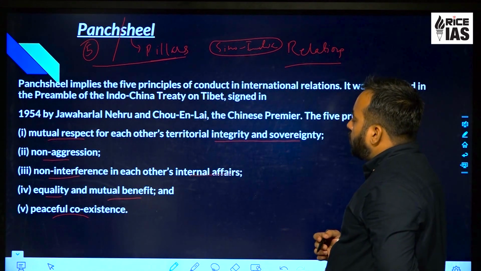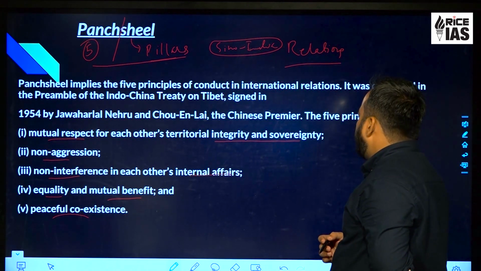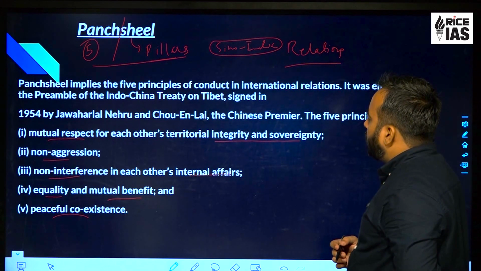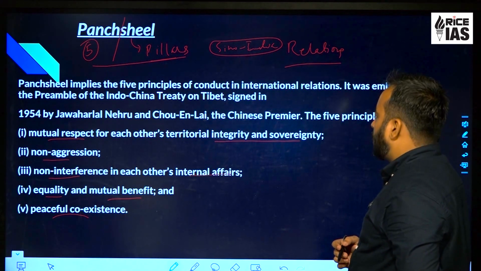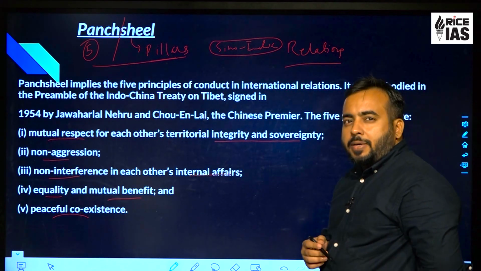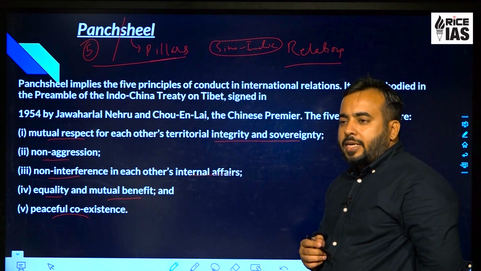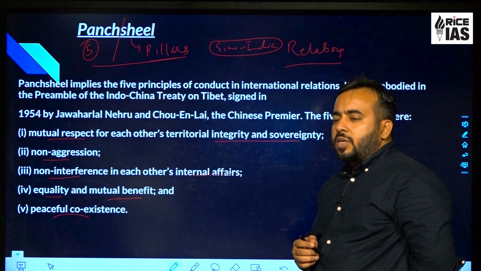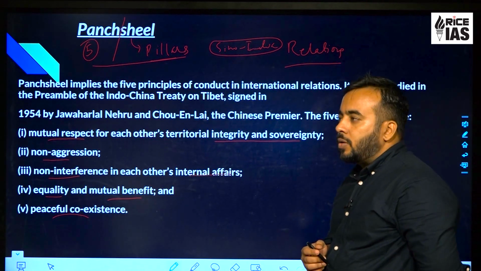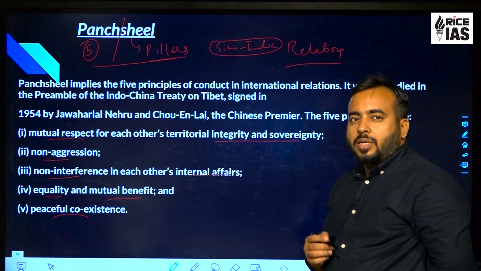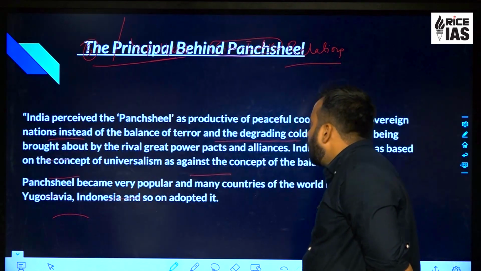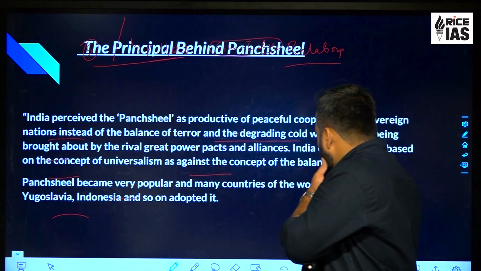However, this could not work out well, and India was jolted out of this kind of idealism when the Dalai Lama came to India, and within a few years China launched a full-fledged attack on the eastern and the northern border of India. India lost territories.